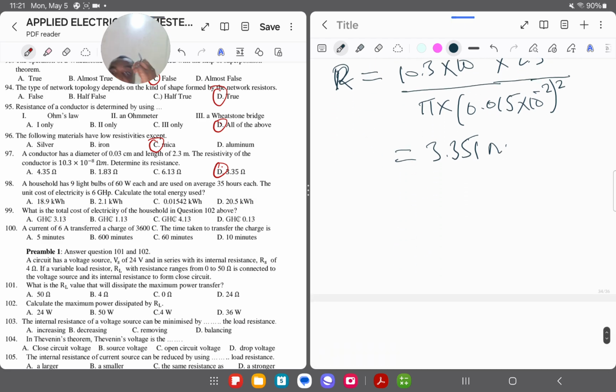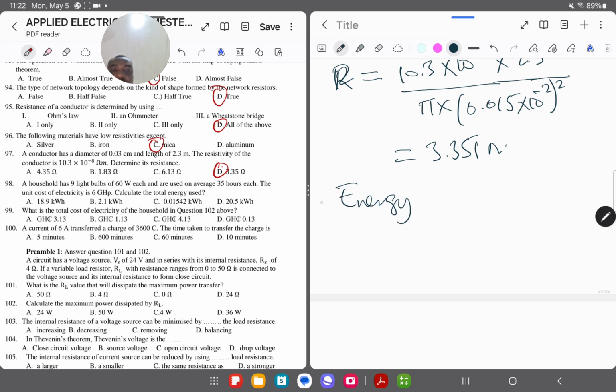So this question 98 is about calculating the energy used in a household. The meter readings at our various houses are given in kilowatt hours, meaning energy.